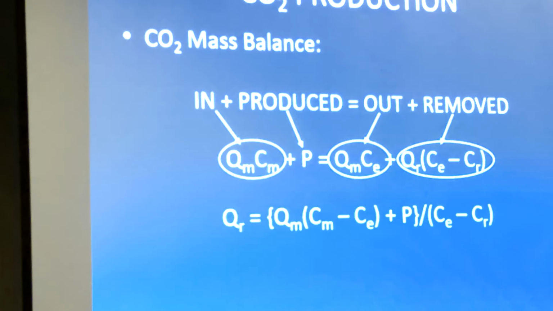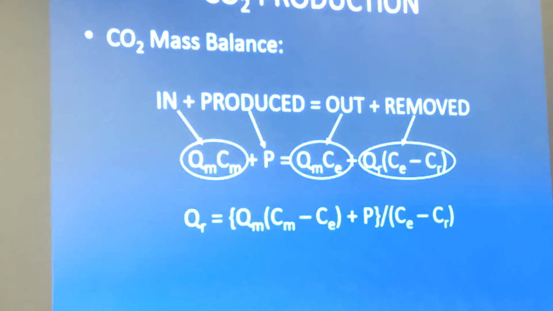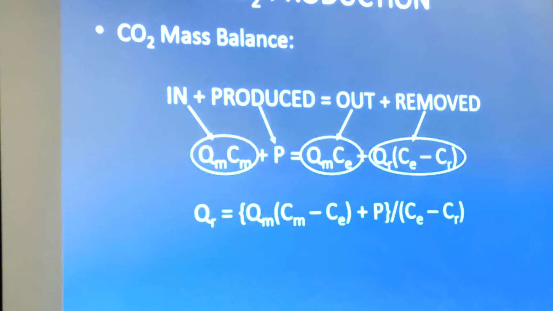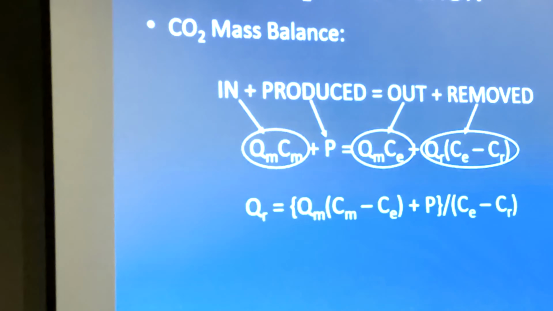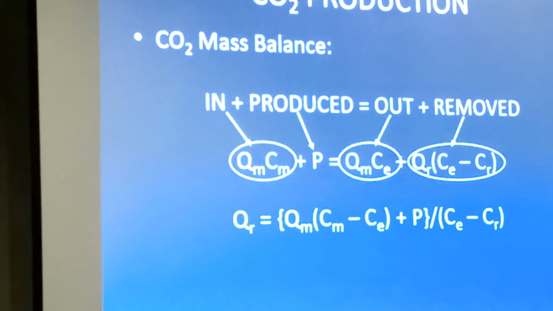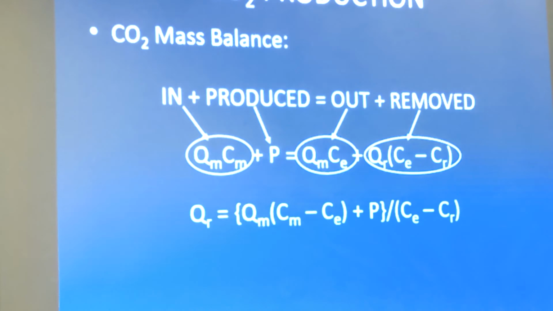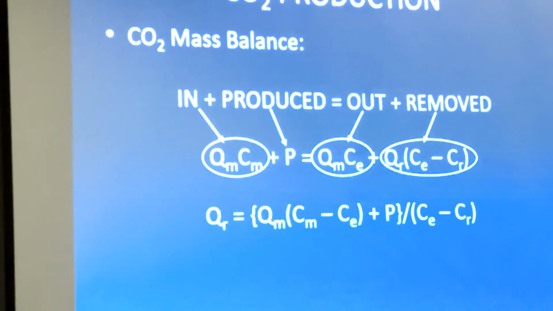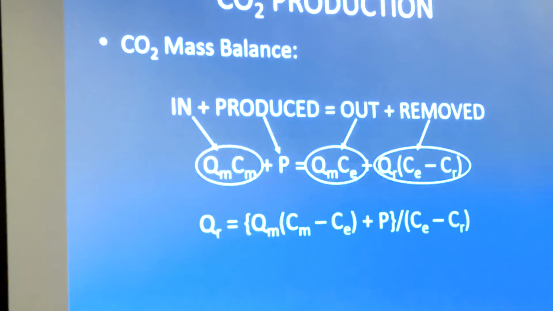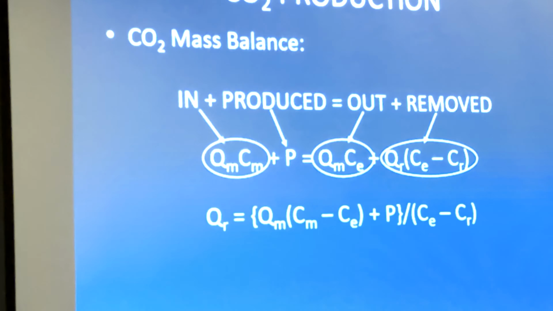And so I've rearranged the equation so it fits this CO2. The recycle flow rate, Q sub R, times the change in concentration across the unit process. So that's what comes out of the fish tank, we call it C sub E, so dissolved concentration of CO2 in the fish tank, C sub E, minus what comes out of the process that removes it, so C sub R. So that's a lower value.